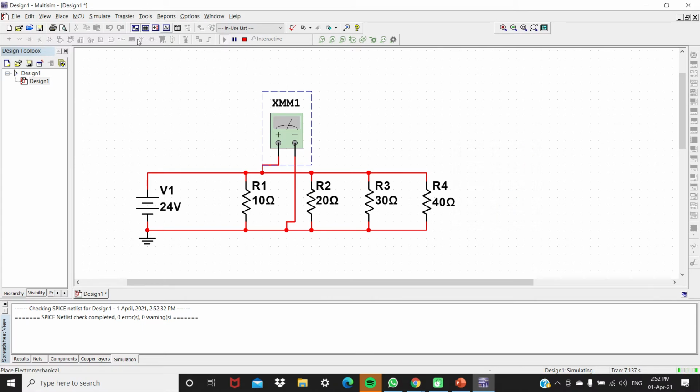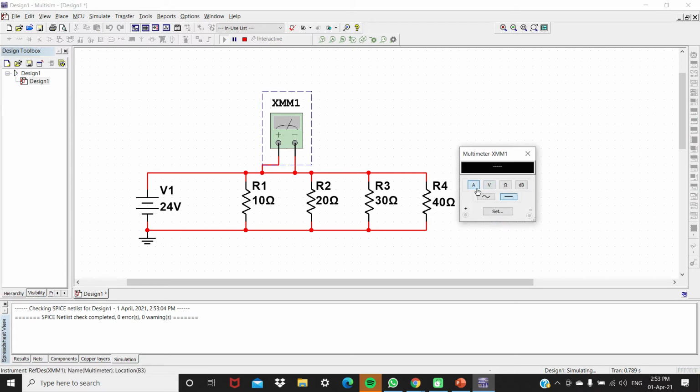Put it back up. Okay, now what is the current now? 0. Okay, so this is not the correct way of measuring current. I just wanted to show you that if you measure your current wrongly, you're going to get the wrong result.